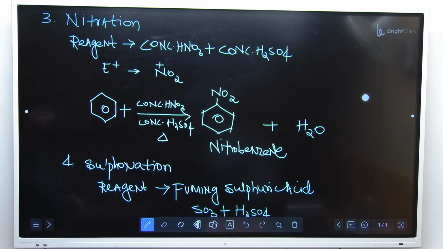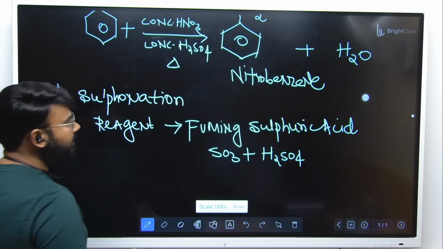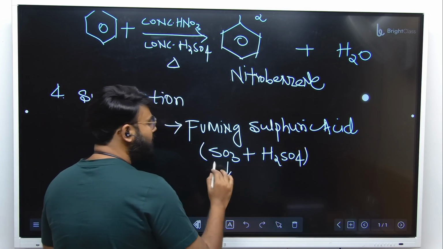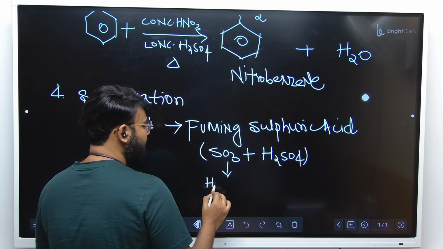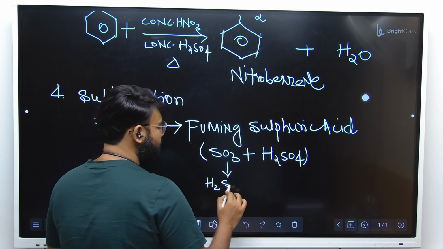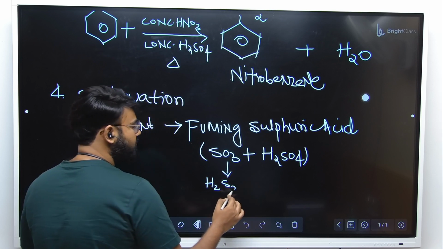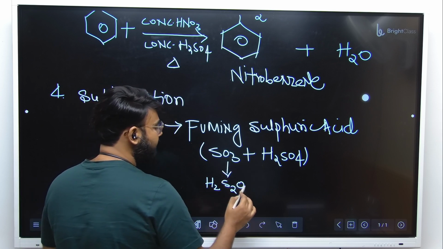Understood? So guys, fuming sulfuric acid means, tell me what will happen when you add these two. What are you getting when you add these two? H2S2O7, right?